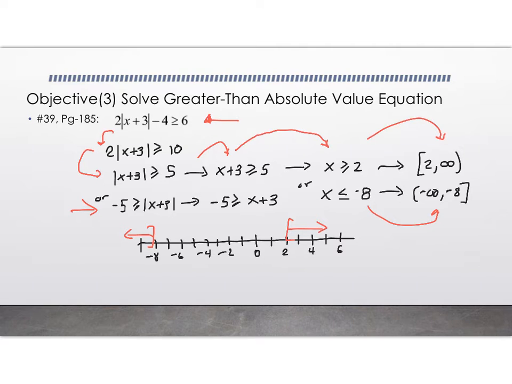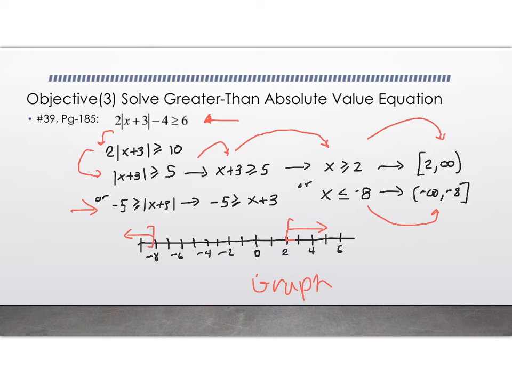So here is my graphic solution of the problem. As you can see, I have a bracket at -8, and it's going in the negative infinity direction, and I have a bracket at 2, and it's going in the positive infinity direction.